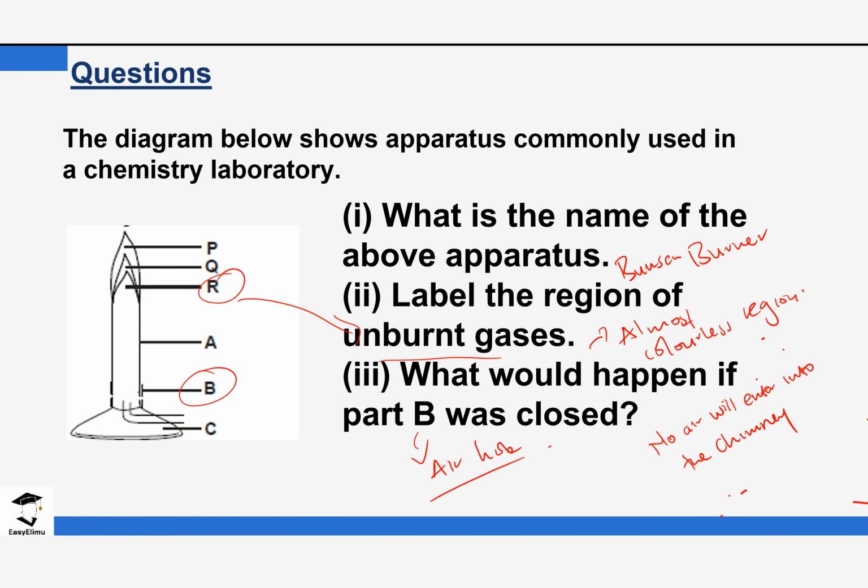So the flame will turn yellow. It will turn to a luminous flame. So that is what would happen. So you're basically explaining what you're going to see and why you're going to see those observations. So that's it on the non-luminous flame. Later on, you're going to look at what happens if you heat substances with both luminous and non-luminous flames, and which one would work best. So see you in the next lesson.